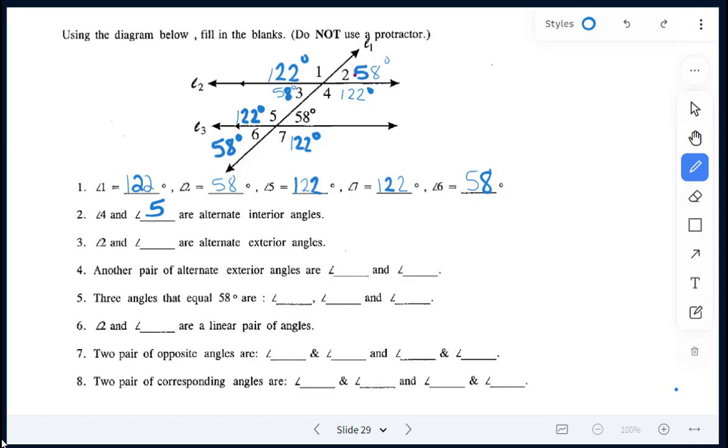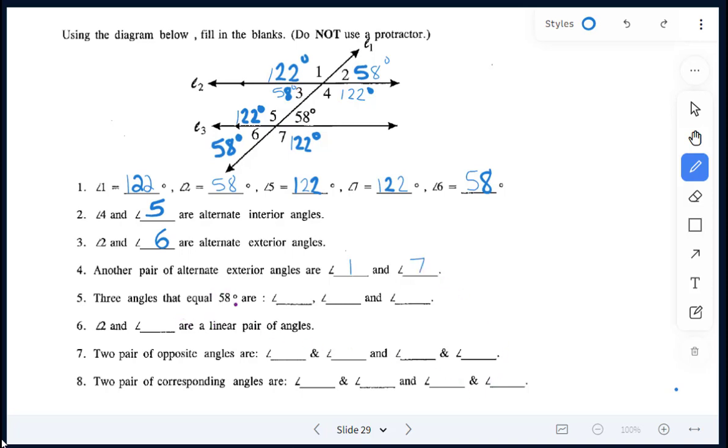Angle 2 is on the exterior. Its alternate exterior angle would be this one here on the outside, so therefore angle 6. So angle 2 and angle 6 are alternate exterior angles. Another pair of alternate exterior angles would be angle 1, which is on the exterior, and angle 7. So 1 and 7.